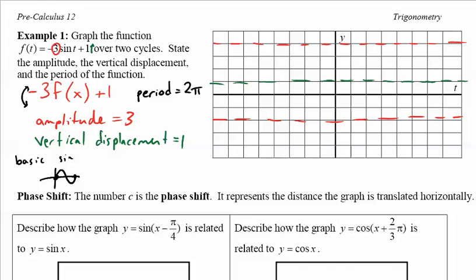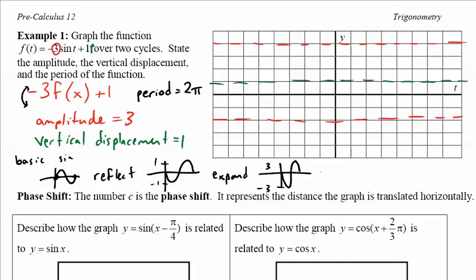So now I'm just going to take that graph and reflect it in the x-axis, and then expand it 3 times, so it'll become 3 times taller. Instead of going from 1 to -1, now it goes from -3 to 3. And then I'm going to translate and move it up 1.